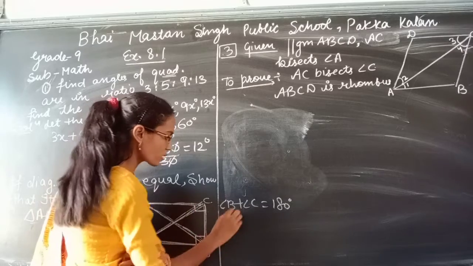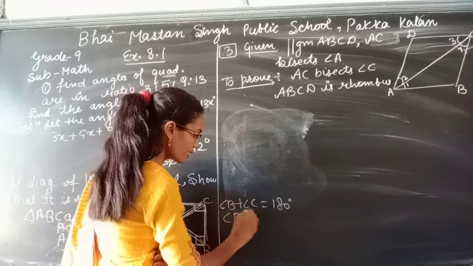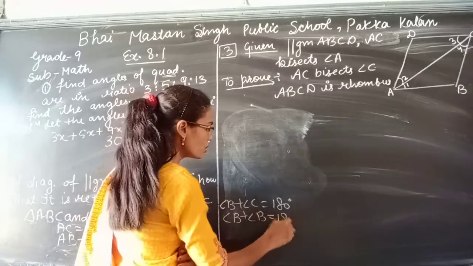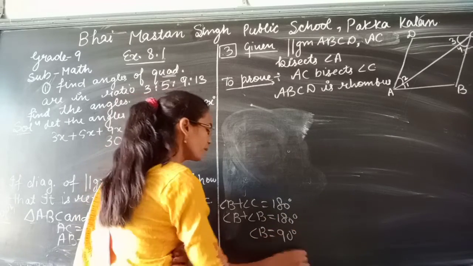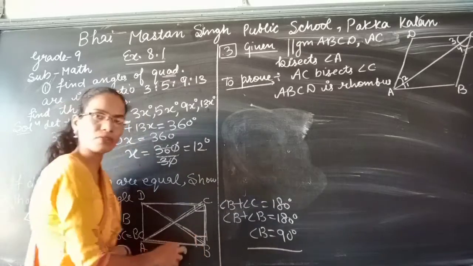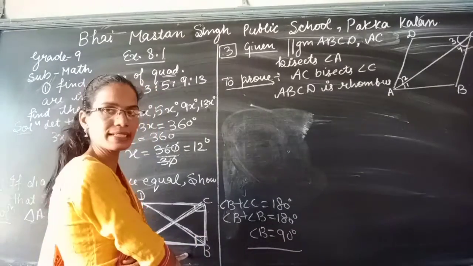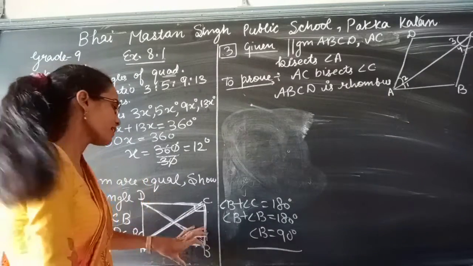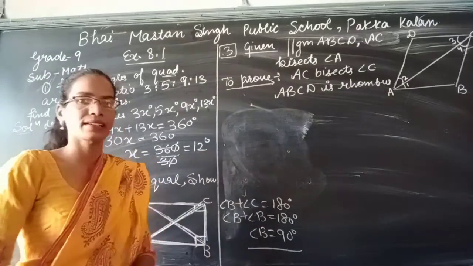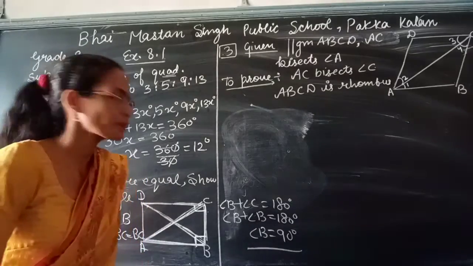So B and C are equal, which means angle B plus angle B is equal to 180 degrees, so angle B is equal to 90 degrees. If you prove a single angle in a parallelogram is 90 degrees, then it is converted into a rectangle. Is it okay? Clear to you?